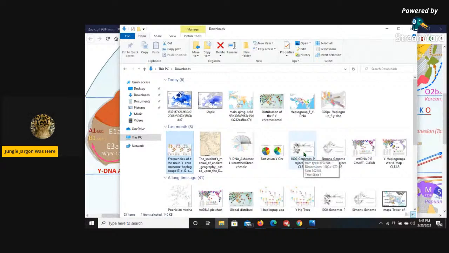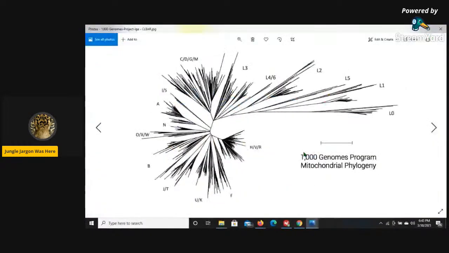And we have, which we've seen before, the Hamitic or African mitochondria, genetic distance charts. This is the European Y chromosome: the U and the K and the F and the J and the T are basically European.